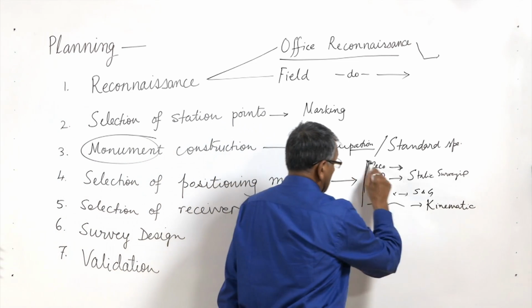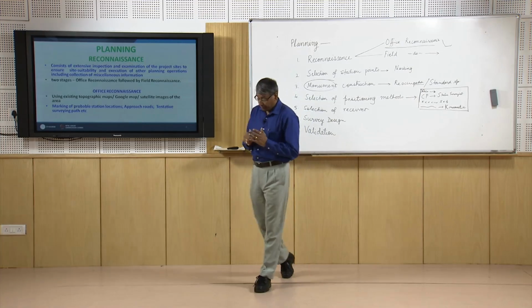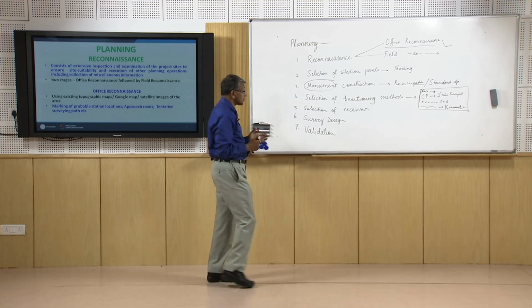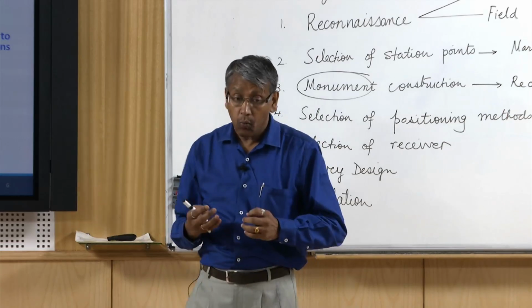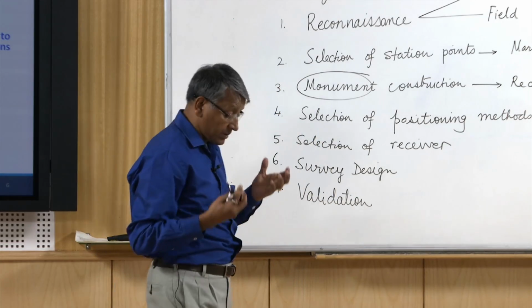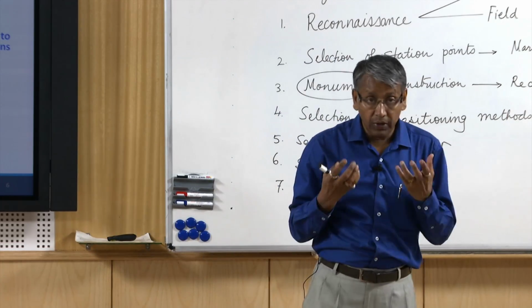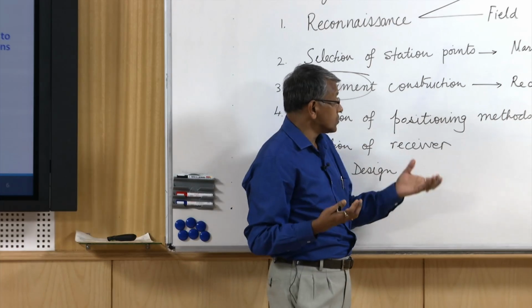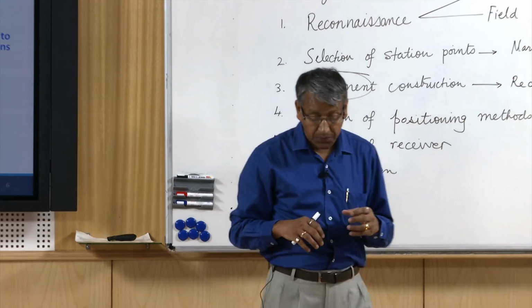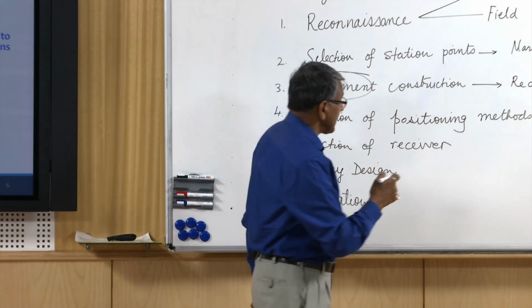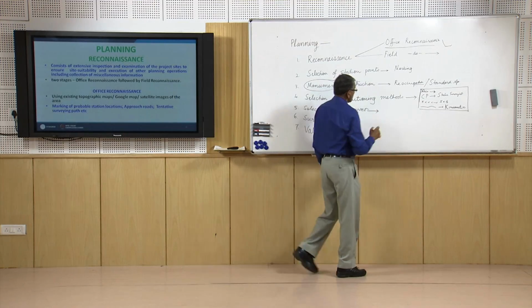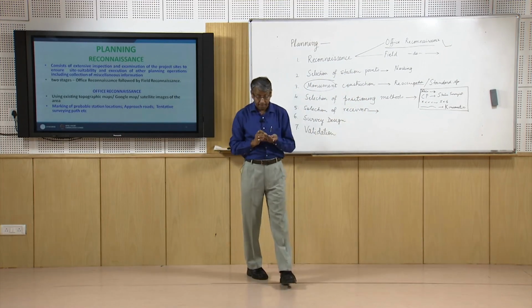Now after deciding the methods, we need to know what accuracy we need to have and what type of measurement observables we will make use of for achieving our objective. Depending upon that and many other factors, we should go for selection of receiver.